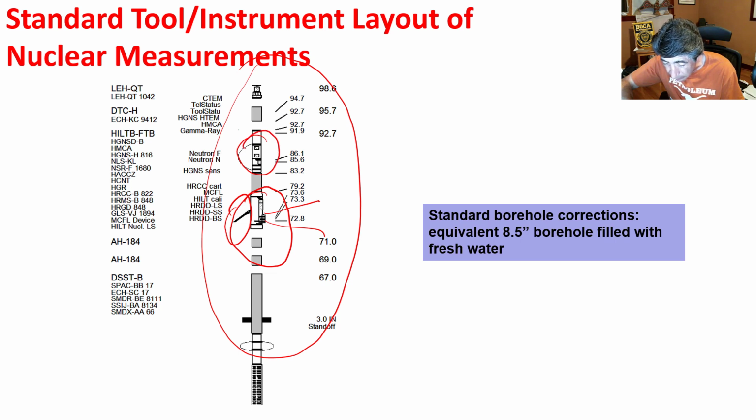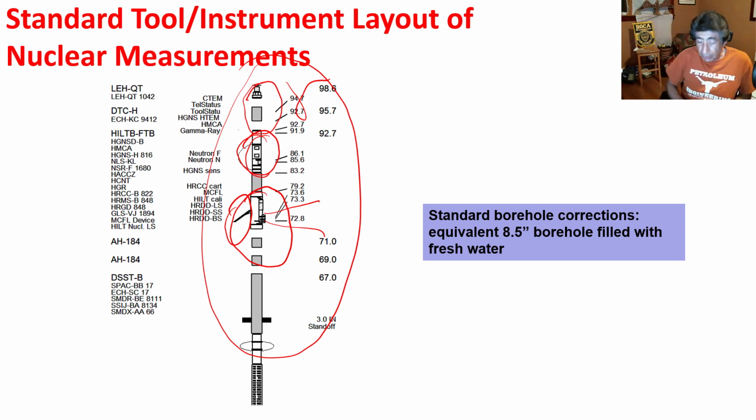We have a spacer here or a cartridge, but this is a neutron tool. And at the top here we have the gamma ray tool, which could be the standard gamma ray or the spectral gamma ray. But it's important that they are not operating at the same depth. So we have to depth match the measurements subsequently. But that's important because we don't want interference.